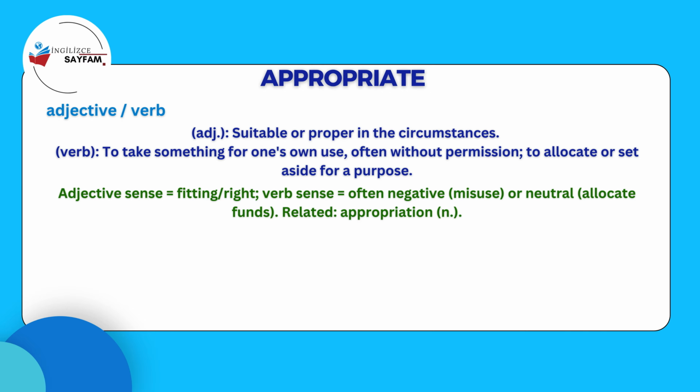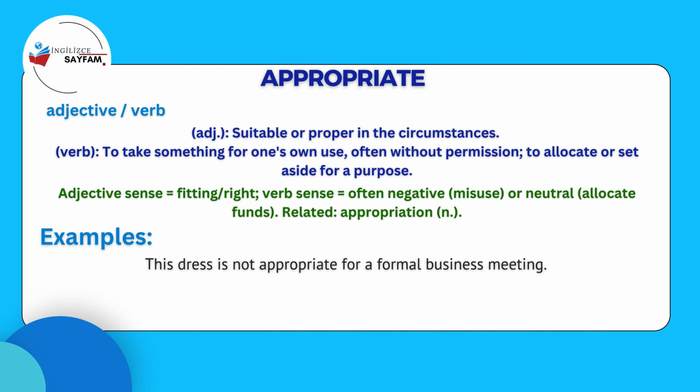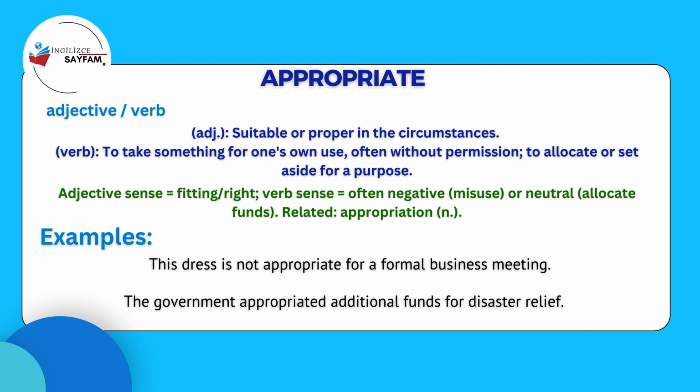Adjective sense is fitting or right, and verb sense is often negative, misuse, or neutral, allocate funds. Related: appropriation, noun. Example: this dress is not appropriate for a formal business meeting. Or, the government appropriated additional funds for disaster relief.